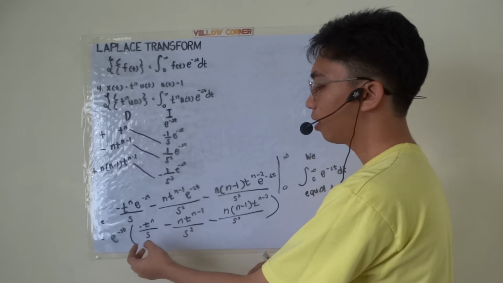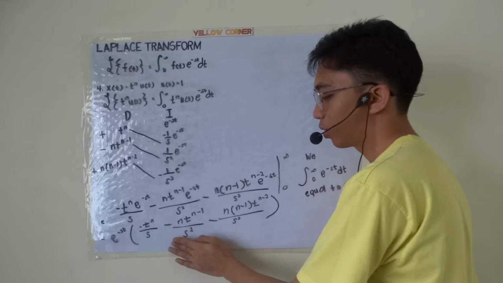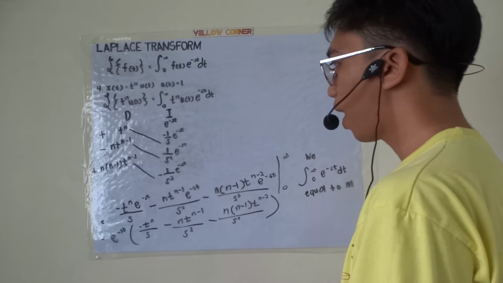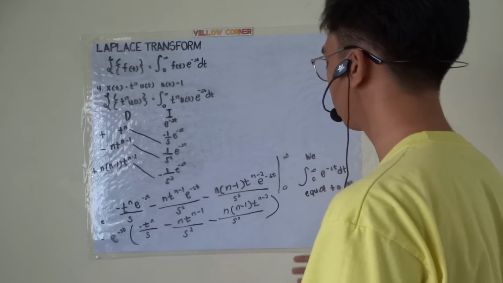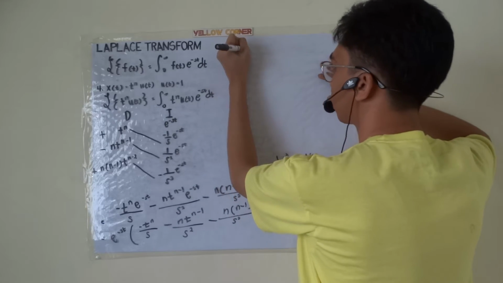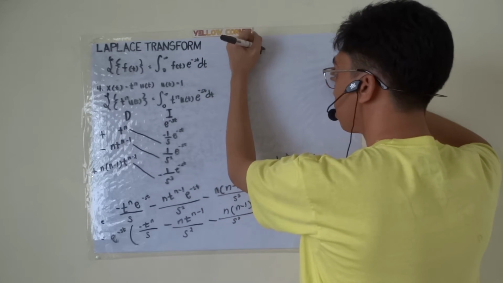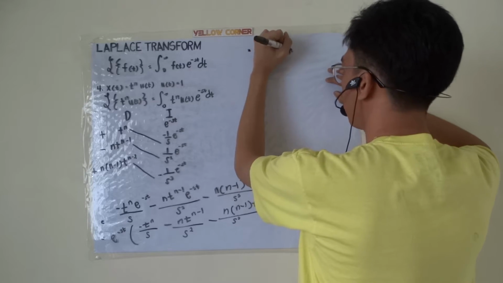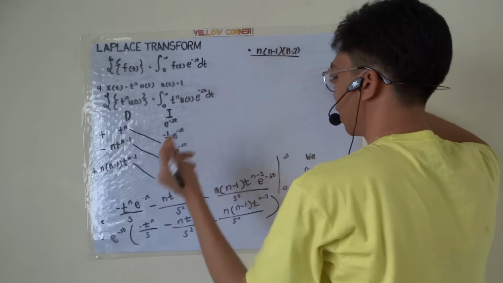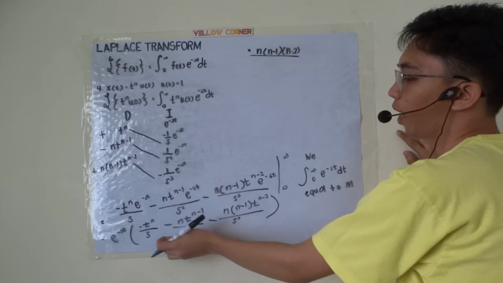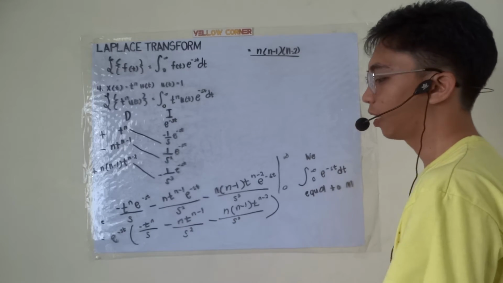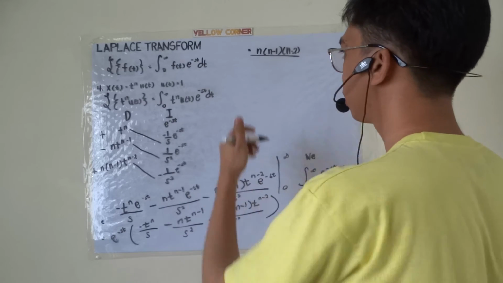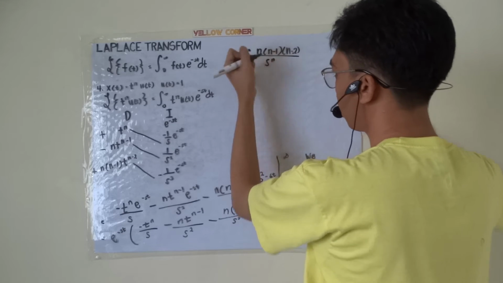As we can see, it becomes s squared and it becomes s cubed. So we can have it in the form, by observing the exponents of our equation, as n times n minus 1 times n minus 2 over, since s has increasing exponents, s raised to n.